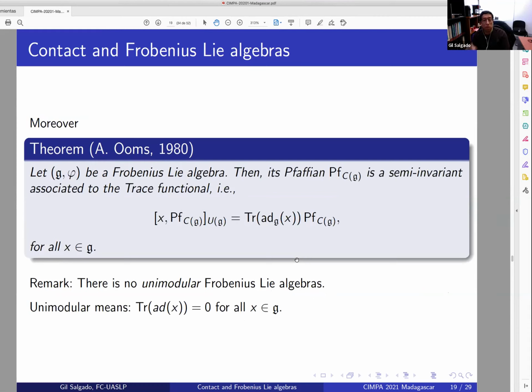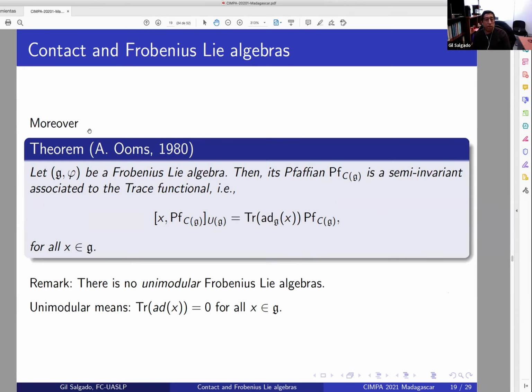Moreover, Professor Ohms proved that this element called Pfaffian is a semi-invariant associated to the trace functional. This means that if you compute this bracket in the universal enveloping algebra of the original Lie algebra, you get the trace in the add of x times the Pfaffian.